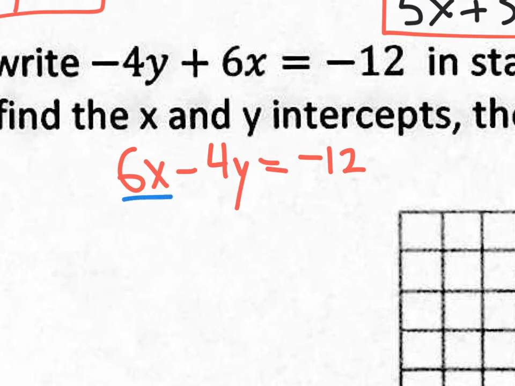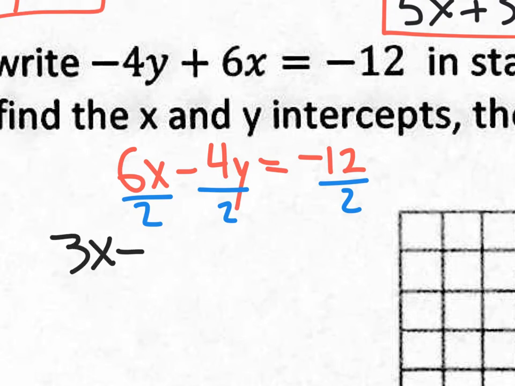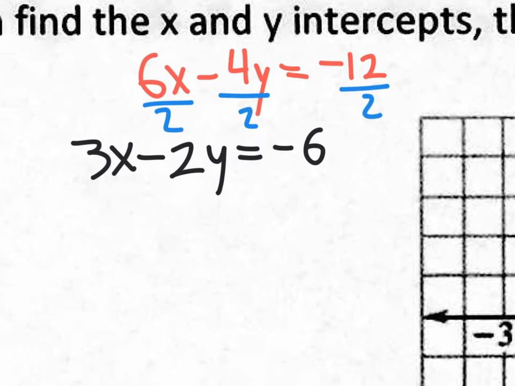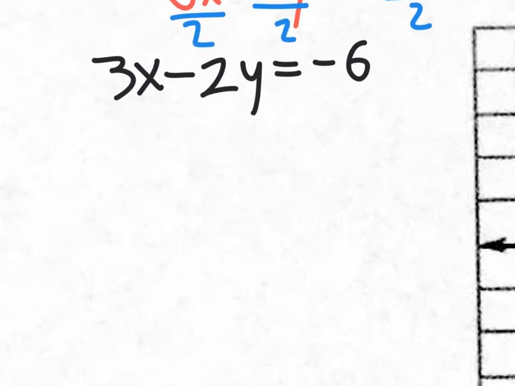So let's divide by 2, divide by 2, divide by 2. And we're going to have a new simplified equation that's 3x minus 2y equals negative 6. Now, we have it in standard form.